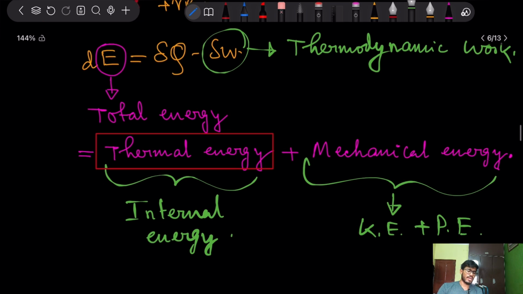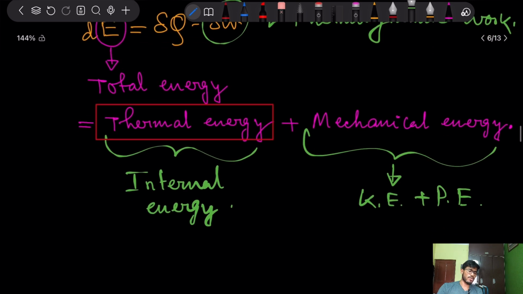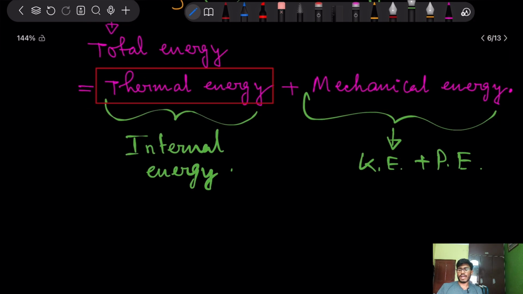If I have a solid like this, and you insert some wire inside this solid, not around it, maybe you open it up and insert some wire like this, and then you close it. Now you flow some current through that wire, and there will be some joule heating.